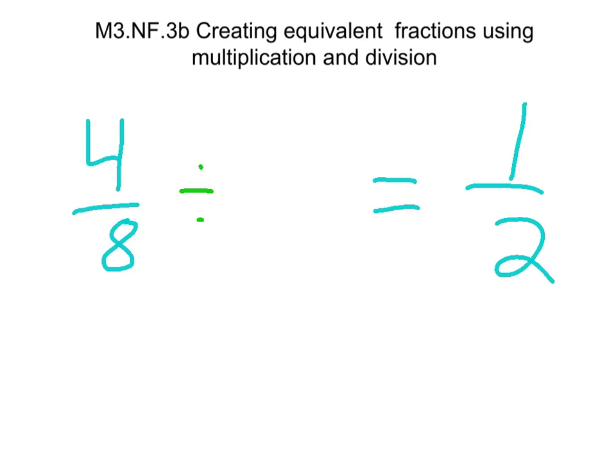Again, we have to divide the numerator and the denominator by the same number. So if I can figure out what number I'm going to divide 4 by to get 1, then I'll know it's the same number I'm going to divide 8 by to get 2. So 4 divided by 4 equals 1, and 8 divided by 4 equals 2.